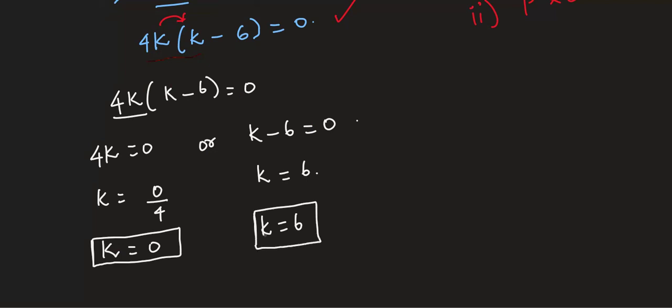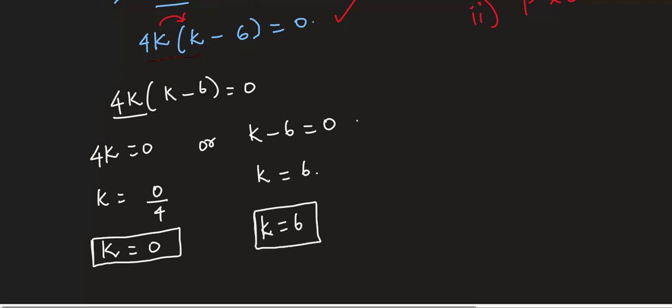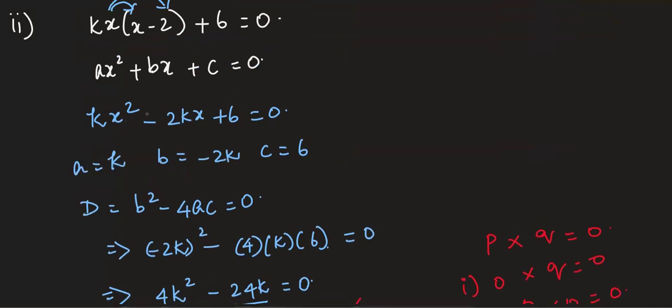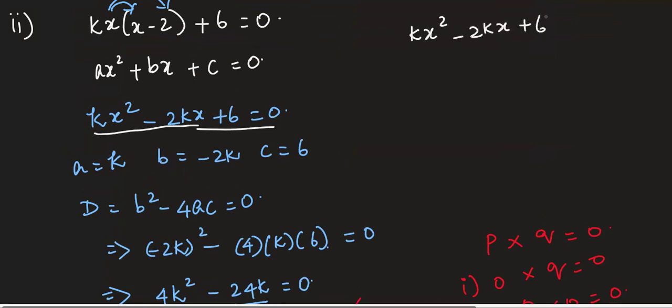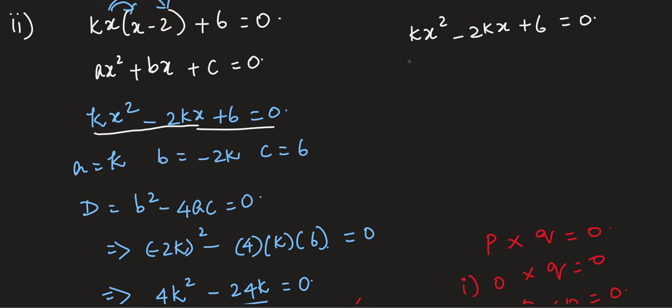Now let's see what will happen if k is equal to 0. The equation is kx square minus 2kx plus 6 is equal to 0. If we take k equals 0, then 0 into x square, minus 2 into 0 into x, plus 6 is equal to 0.